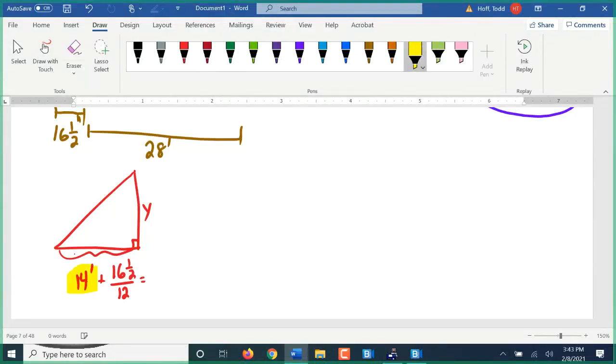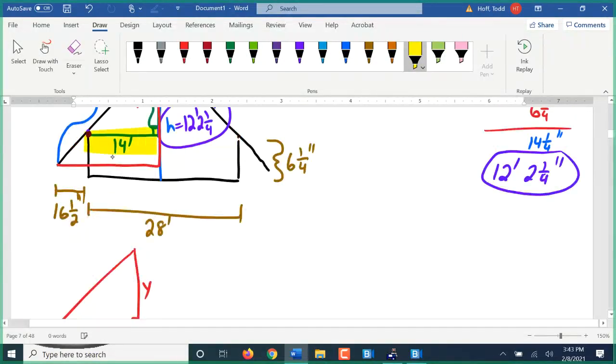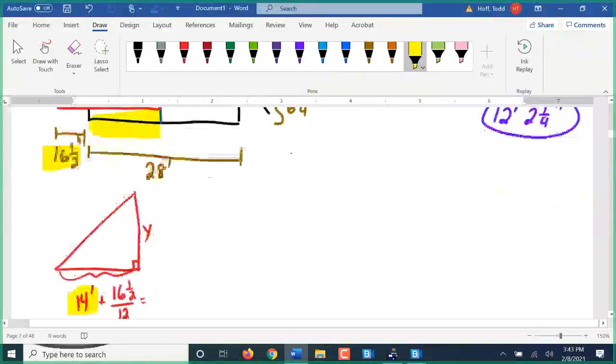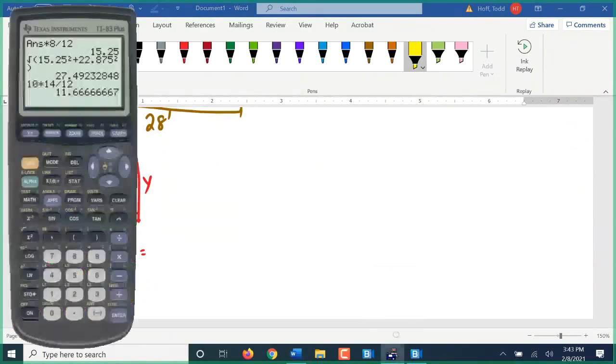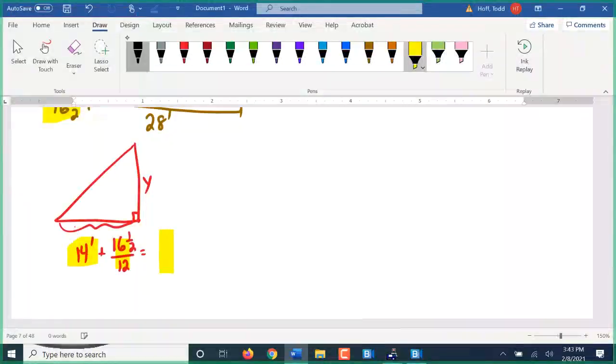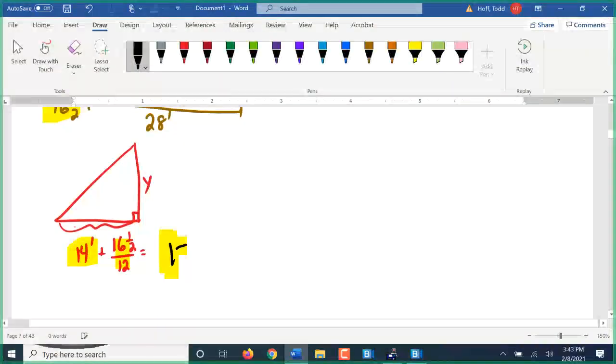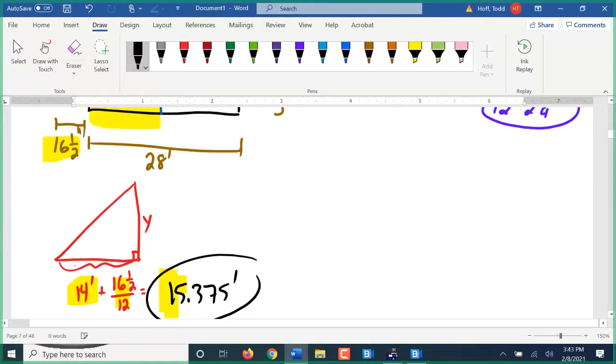We take our 14 feet, which is the run here, and add the 16.5 inches, so it's 16.5 over 12. So that we come up with feet here. 14 plus 16.5 divided by 12, we get 15.375. So 15.375 feet is that bottom piece.